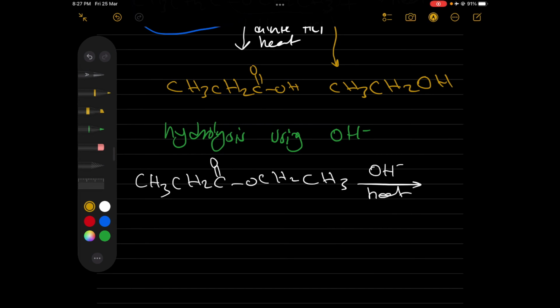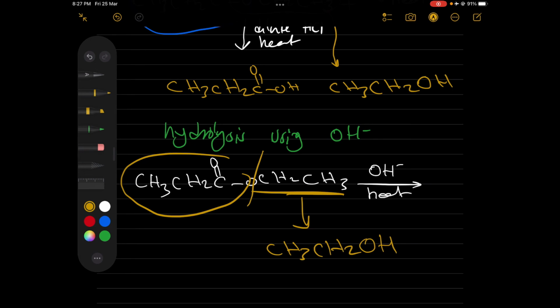Actually, you will break down the compound and we will get the same things, but we have a little bit of difference in here. The part of alcohol remains as it is. There's no change. CH3, CH2, OH. No change on this part. But this part will change to what? It will change to carboxylate, CH3, CH2, C double bond, O, and A.